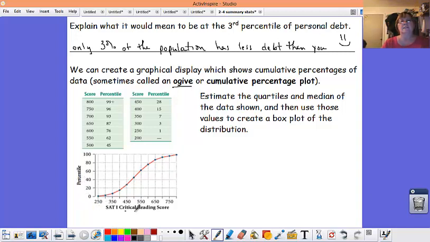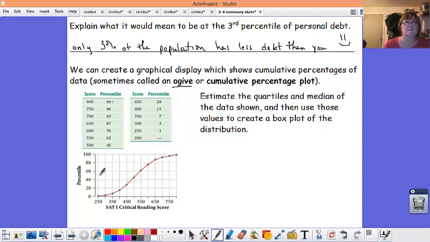So SAT reading scores here, and up on the edge here, percentiles. So these are percentages where, like this line right here, 20% of the scores would be at or below this mark. Okay? And what we are supposed to do here is estimate the quartiles and the median of the data shown.